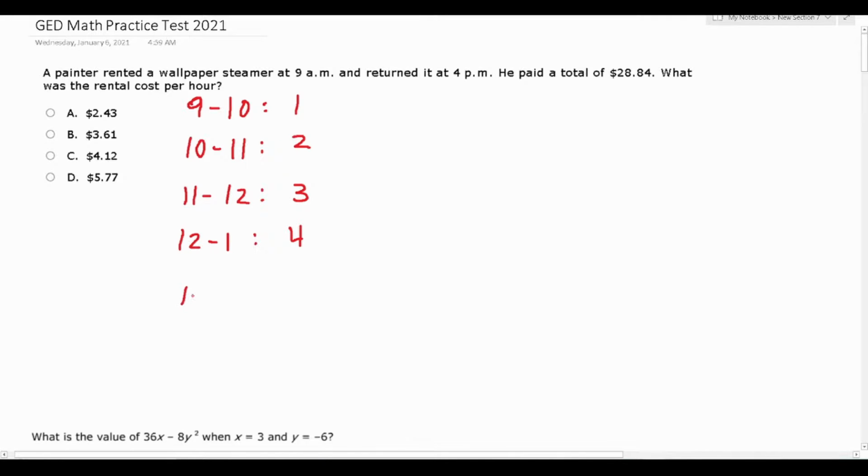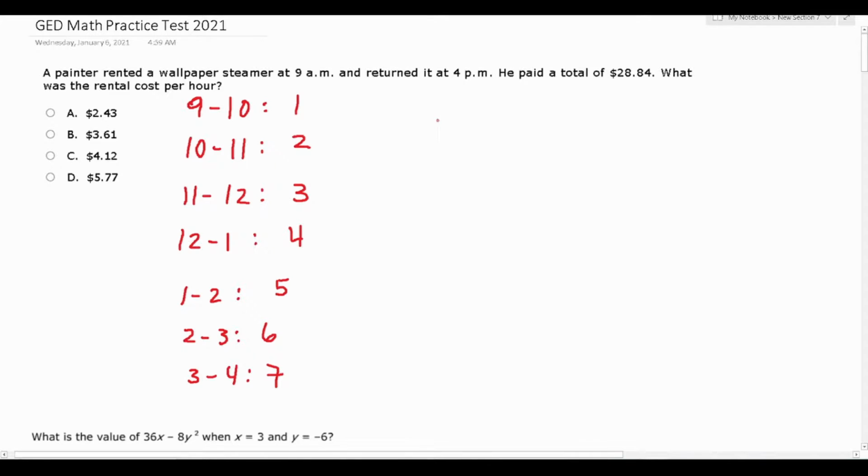From 1 to 2, that would be a total of 5 hours. From 2 to 3, that would be a total of 6 hours. And from 3 to 4, that would be a total of 7 hours. So all in all, he had this wallpaper steamer for 7 hours.